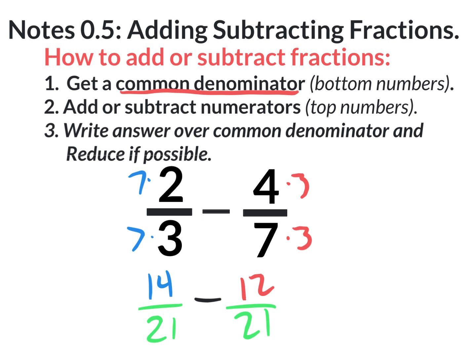So once you get that common denominator, you could add or subtract the numerators, the top numbers. 14 take away 12. What's 14 take away 12? 2. And it is over that common denominator 21. That's what it says right here: write the answer over the common denominator and reduce if possible. So 14 take away 12 is 2. Put it over the common denominator 21. It doesn't change. And you can't reduce that, which means that is your final answer right there.